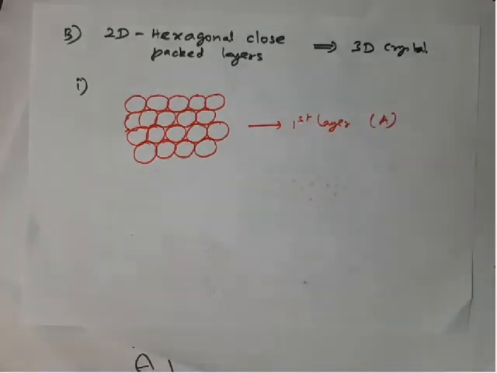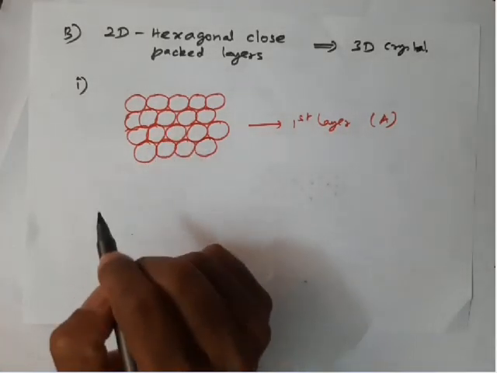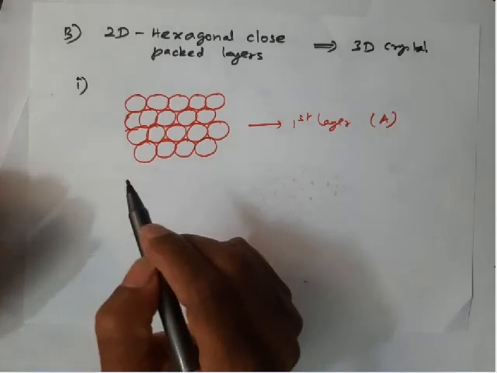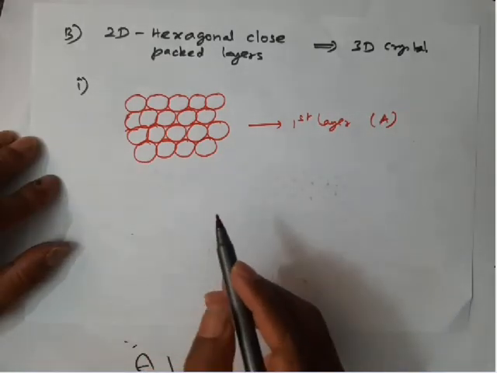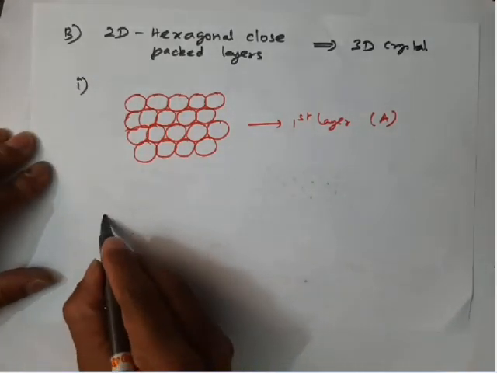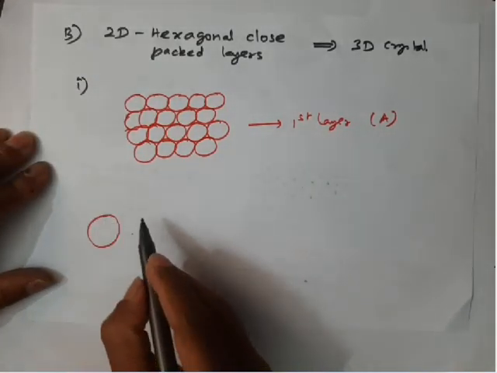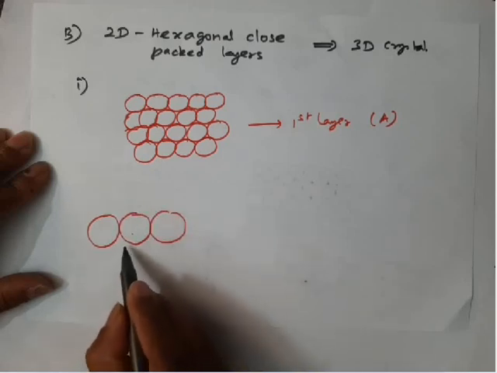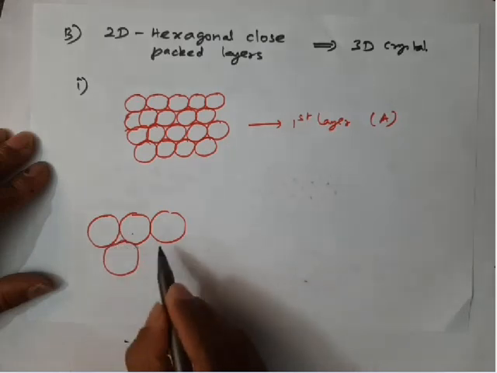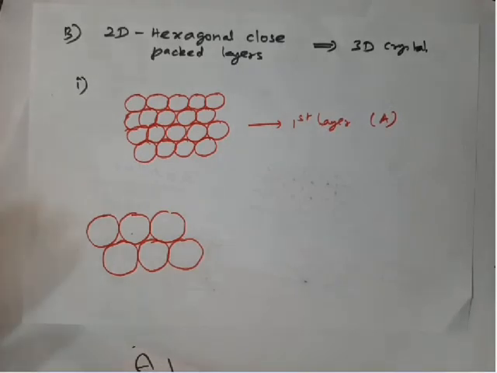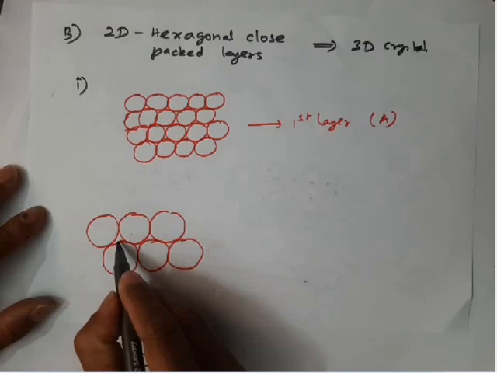Now listen, if you observe this layer carefully, you can see two different types of depressions. What are the two different types? Students, observe this carefully. Let me draw a little bigger so that you can easily understand. See, in this arrangement, here I have a depression.